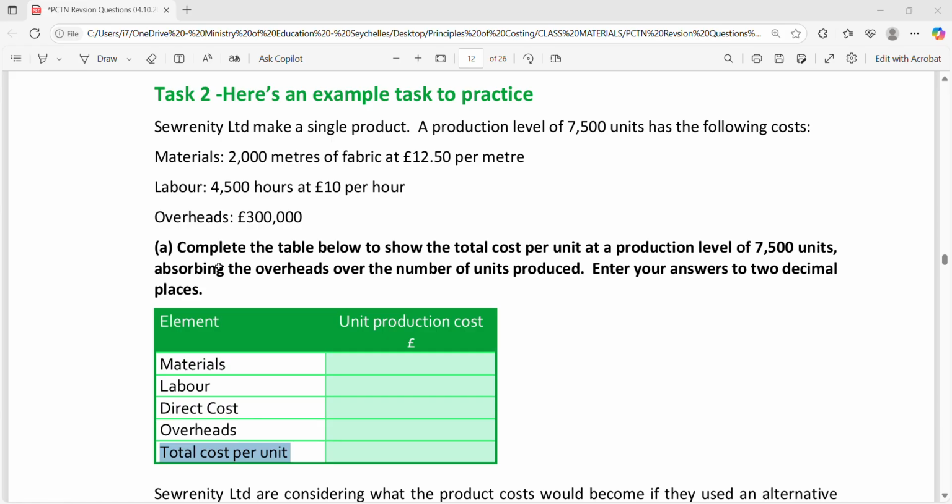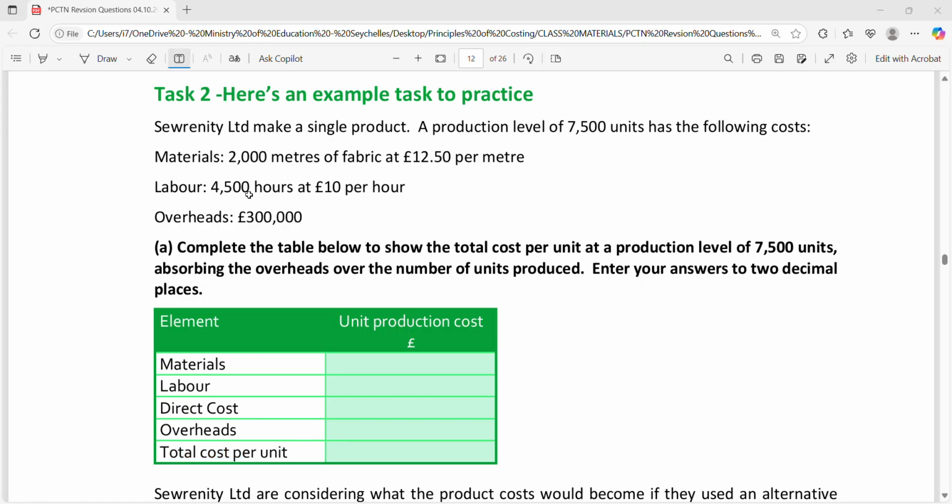Now the total cost per unit here is either the direct cost of 9.33 plus 40, or you simply say 370,000 divided by 7,500. We still get the same answer. Okay. So I believe this is clear.